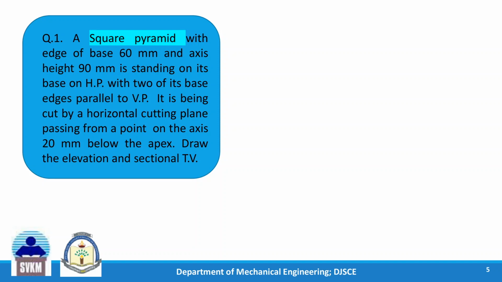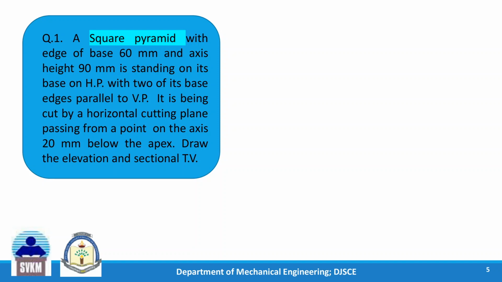It is standing on its base on HP with two of its base edges parallel to VP. It is being cut by a horizontal cutting plane passing through a point on the axis 20 mm below the apex. Draw the elevation and sectional top view.